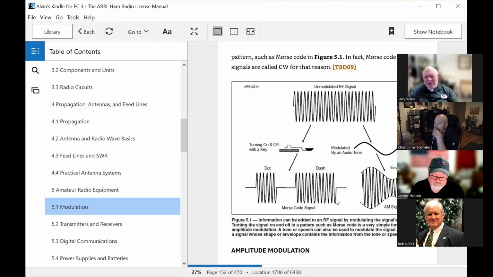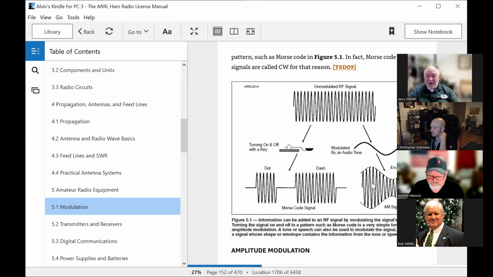Now we talked about mixing signals before, mixing 28 megahertz with 116 megahertz to get 144. Well, we can do it on a lower level and add voice to a carrier.